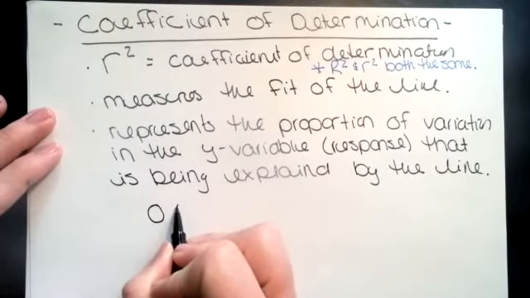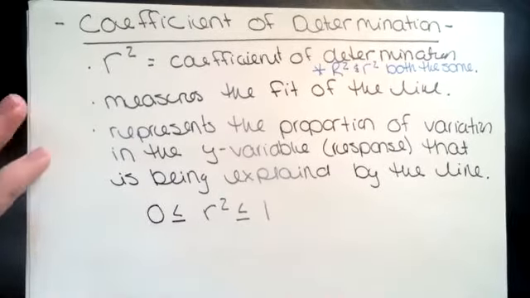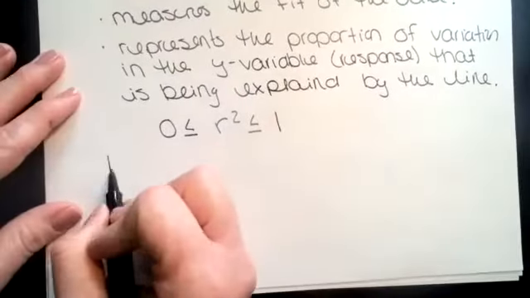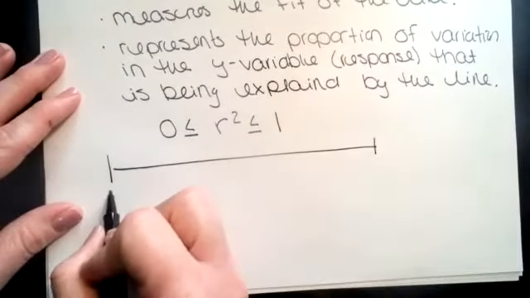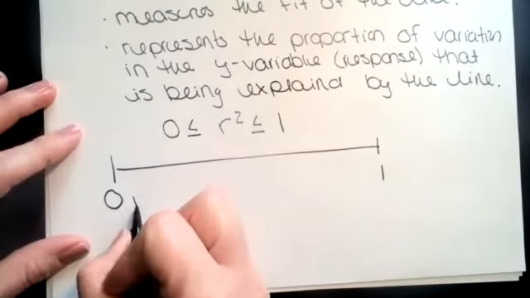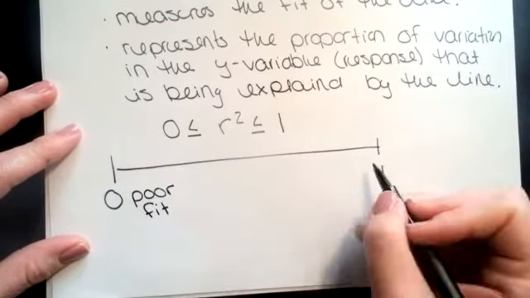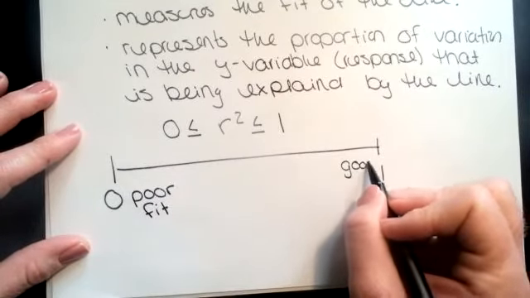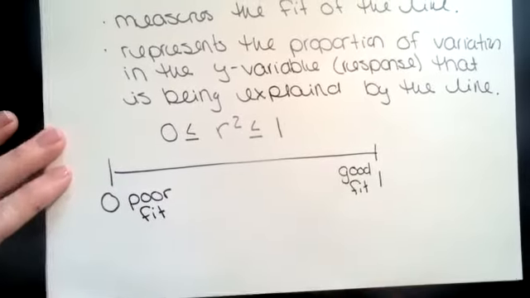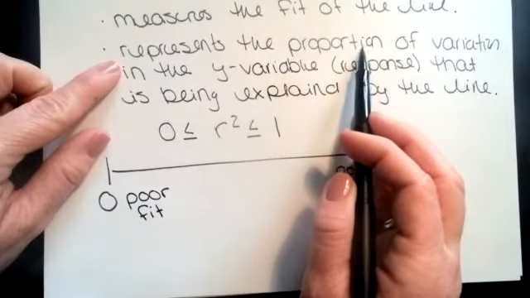Okay. So let's look at R squared. R squared is between 0 and 1. If we looked at R squared on a number line, and we had 0 over here and 1 over here, then 0 would indicate we have a poor fitting line, right? And 1 would say that we have a really good fit for our line. And when we're talking about how it represents the proportion, that just means percentage, right?